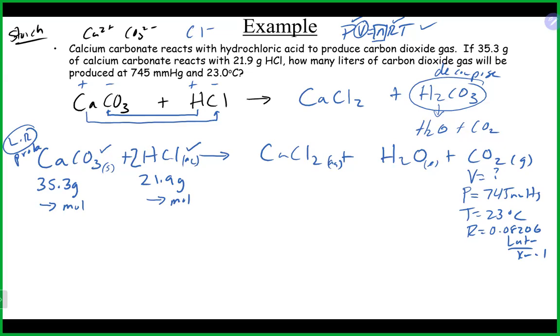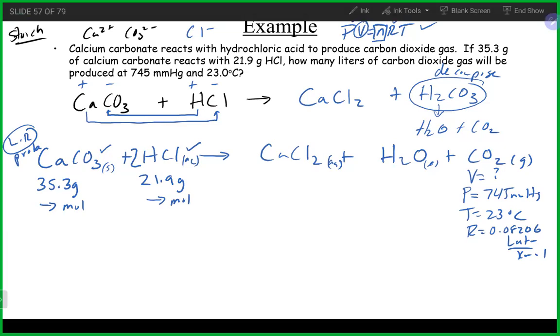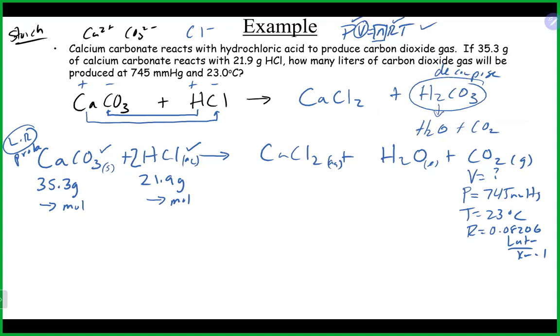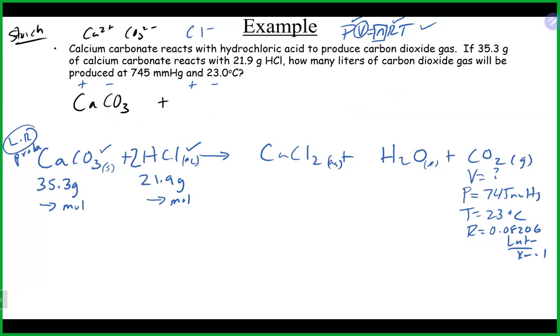So we do have to actually figure out the limiting reagent here because we have moles of each of those starting guys. So we don't know which one's the excess and which one is the limiting. So remember that in this type of stoichiometry with gases, you could still have a limiting reagent situation occurring. So I'm just going to steal some of the room up here to write.